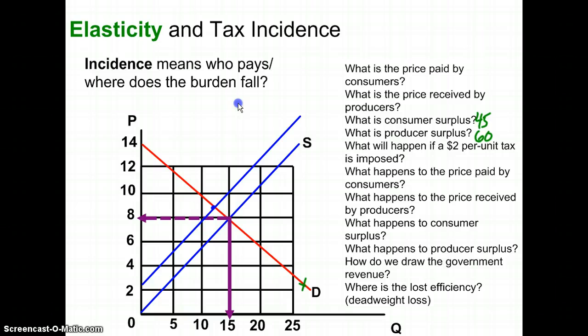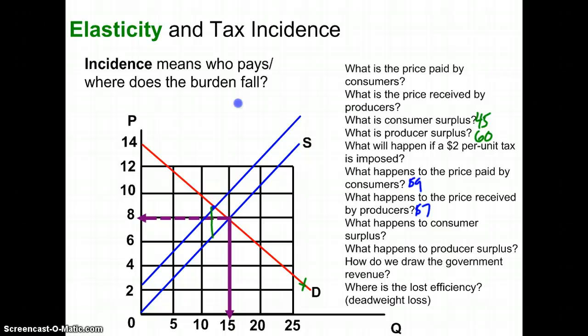So $9 is now the price being paid by consumers, but producers will not receive all of that $9 because the government is taking a portion of it. The government is taking $2 per unit. So the producers are going to receive about $7. And we can see that on the graph, as the difference between the price being paid by consumers and the price received by producers.